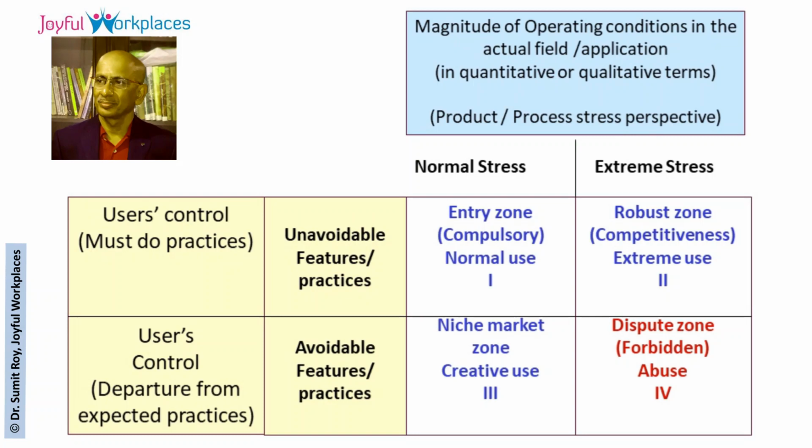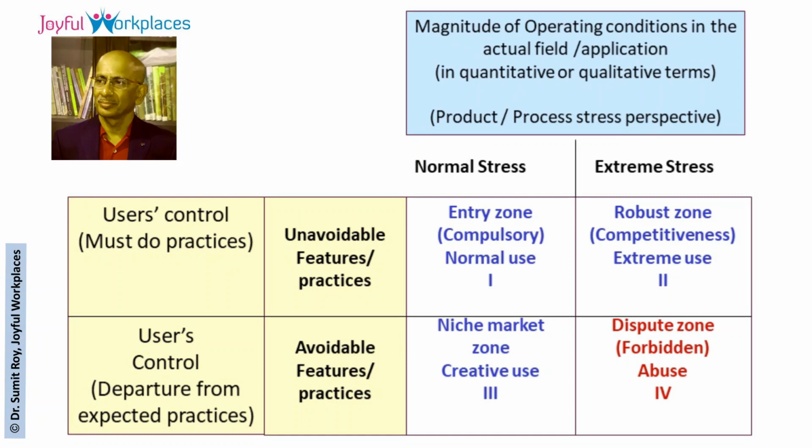So if we take a look at the combination of unavoidable feature practices along with the normal operating stress level, that results in the normal use condition. So what is normal use condition? Say, for example, the ambient temperature, the humidity level, the dust level.